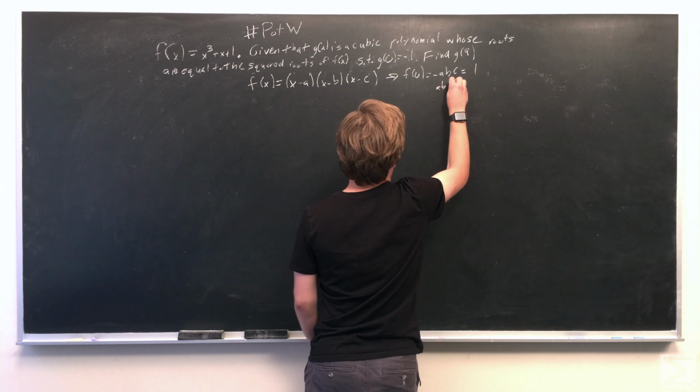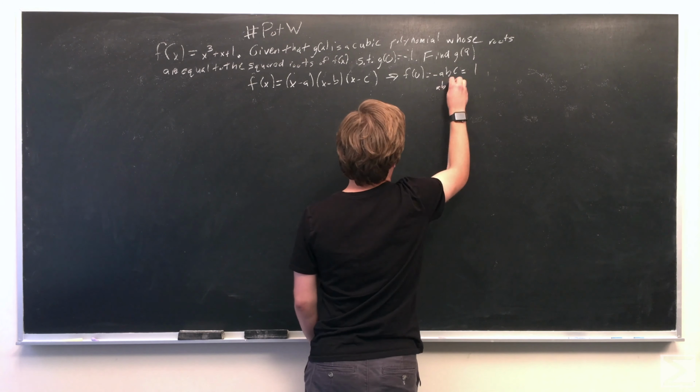And so now that we have the roots of f of x, which are unknown variables a, b, and c, we can write g of x, where we square the roots of f of x. So we'll have x minus a squared times x minus b squared and x minus c squared as the roots.